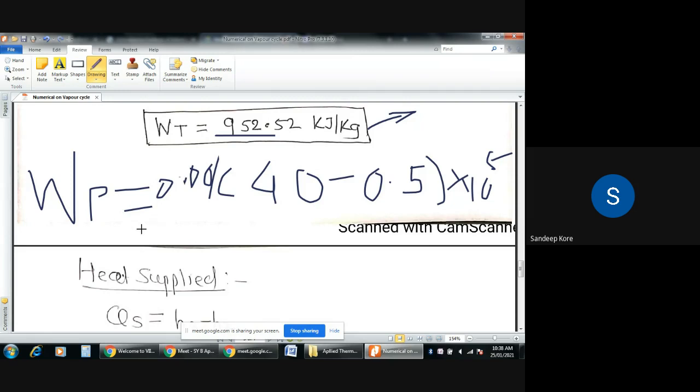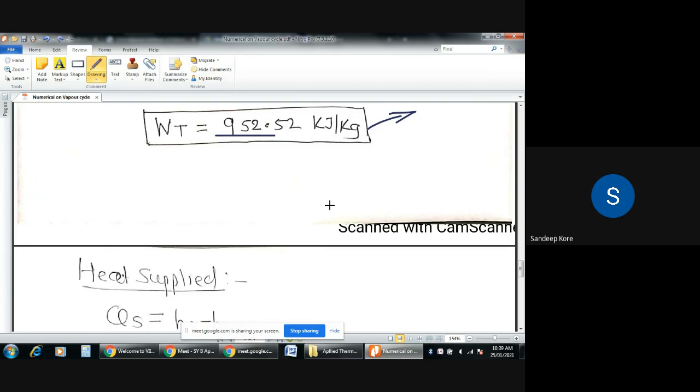So the formula of pump work is VF at condenser pressure into the change in pressure by the pump. From that we can find the pump work, and then WT minus the pump work is the net work. But to simplify the problem, we are neglecting the pump work. Just for your simplification, we have reduced these calculations.